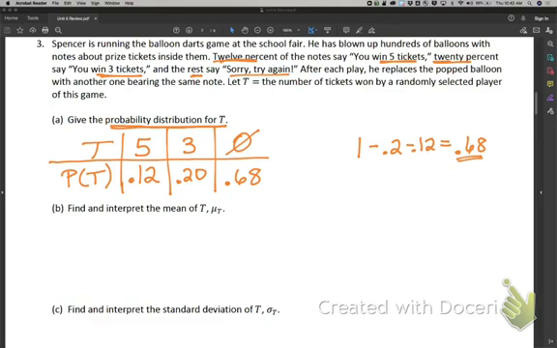Now I need to find the mean and the standard deviation of this distribution. In order to do this, guys, we're going to use our calculator. We're going to plug in these values of number of tickets into L1, and we're going to plug the probabilities into L2. All right, so let's go and do that.